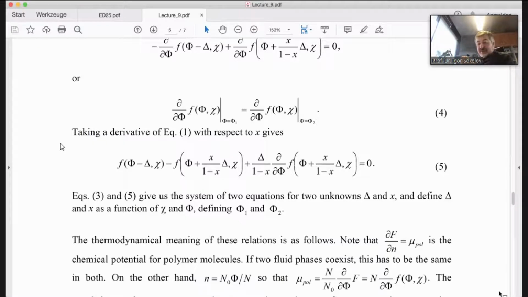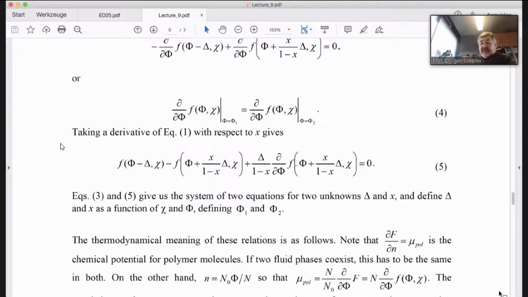Lecture zero, so to say. So what these minimization equations tell me are the two standard requirements for chemical equilibrium. One is that the chemical potential of species, essentially of all species, in both coexisting phases has to be the same.